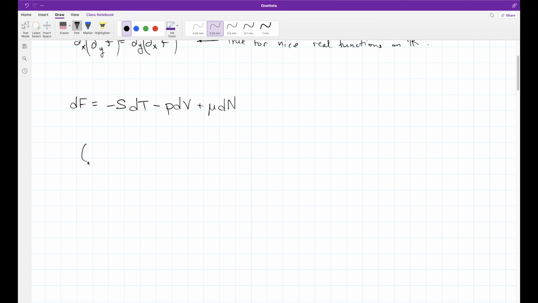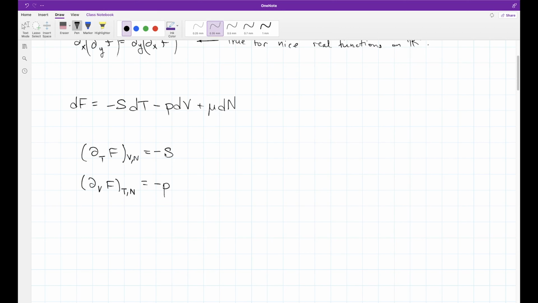And in particular, this means that the partial with respect to T of F while fixing V and N is equal to minus S. Good. Now we also have that the partial with respect to V of F while fixing T and N is equal to minus P.